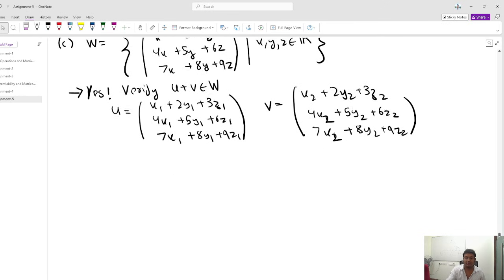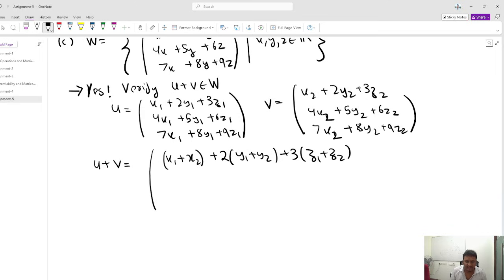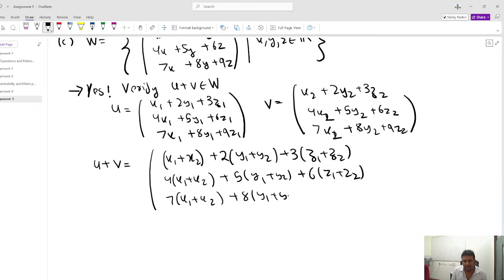So you know how you add two vectors in R3. What is the vector addition? You add them component wise, and you can see it will be of this form. (x1 + x2) + 2 you can take common, (y1 + y2) + 3 you can take common, (z1 + z2). Similarly, 4 you can take common, (x1 + x2); 5 you can take common, (y1 + y2); 6 you can take common, (z1 + z2). And 7 you can take common, (x1 + x2); 8 you can take common, (y1 + y2); plus 9 you can take common, (z1 + z2), right?